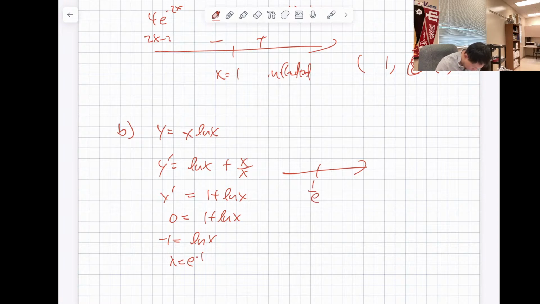If I plug in anything less than 1 over e, is it positive? Wait, is it positive or negative? 1 plus ln of e to the negative 2, that's negative. That's a positive. Okay, yeah.